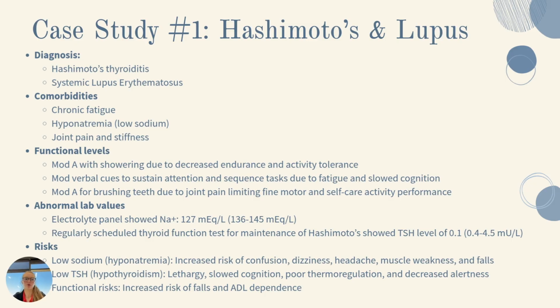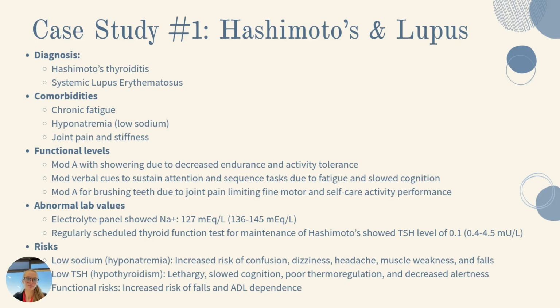The abnormal lab values for this person: their electrolyte panel showed a sodium level of 127, and their regularly scheduled thyroid function test for maintenance of their Hashimoto's showed a TSH level of 0.1.